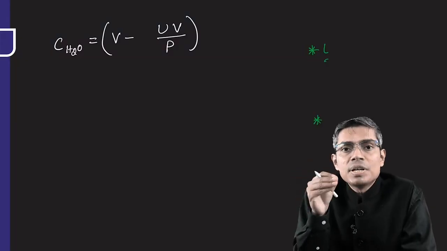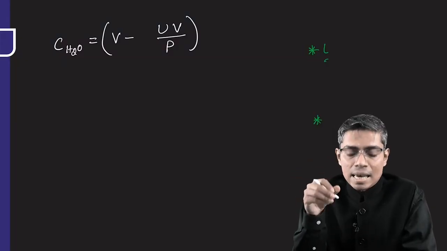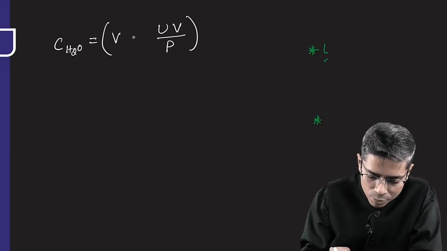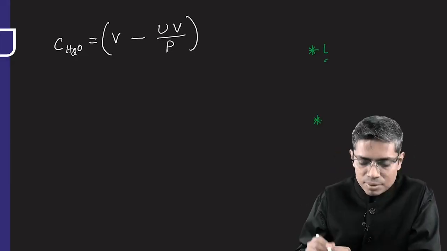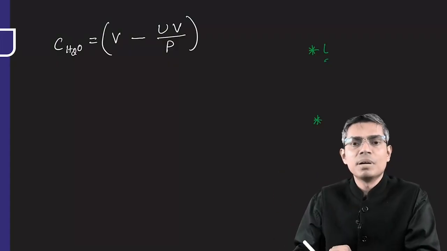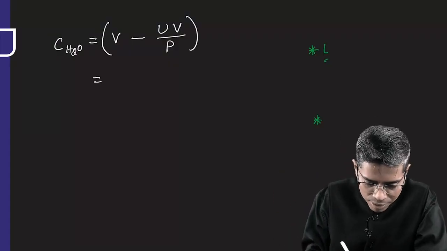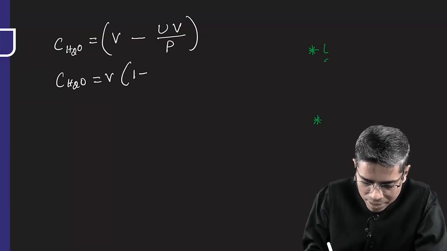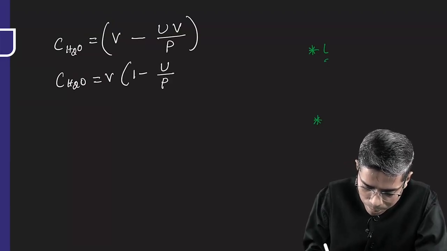U is the urinary concentration, and P is the plasma concentration. So this is the formula for calculation of free water clearance, V minus UV by P. If I simplify this formula, CH2O is equal to V times 1 minus U upon P.